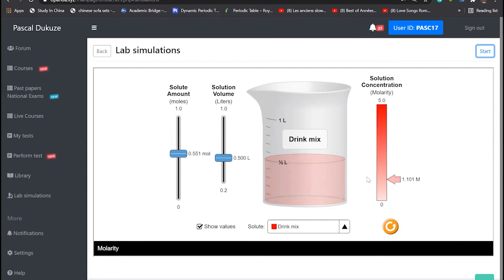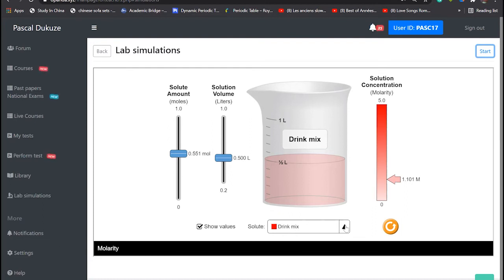So the concentration, or the molarity, decreases every time you reduce the amount of solute while keeping the volume of solution, or the solvent, constant. I'm saying that when you change the amount of solute while keeping the volume of solution constant, the molarity decreases.